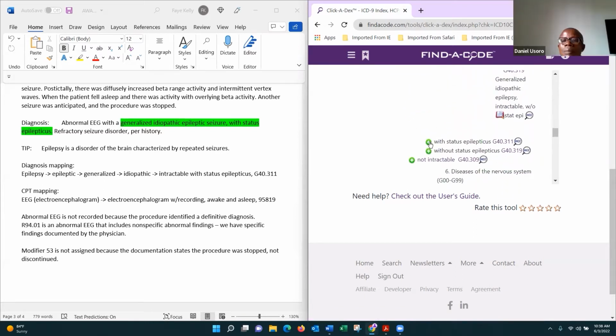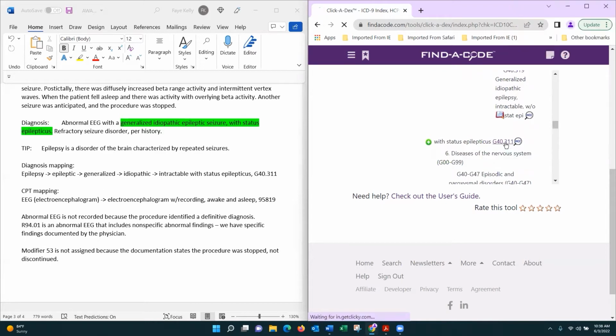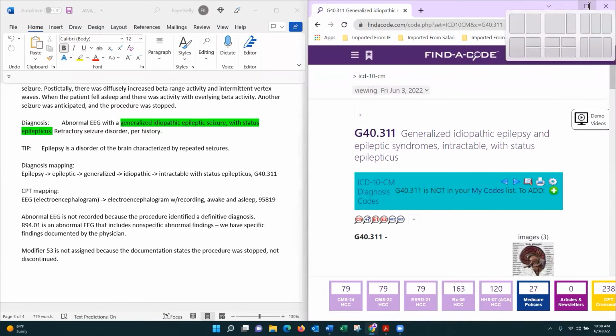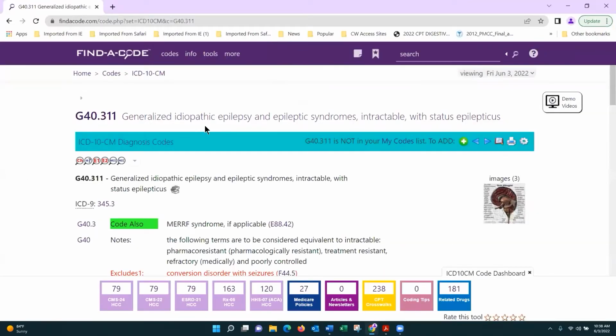All right, here's where I want to get. All right, so I'm going to broaden this out. Generalized idiopathic epilepsy and epileptic syndromes, intractable with status epilepticus.